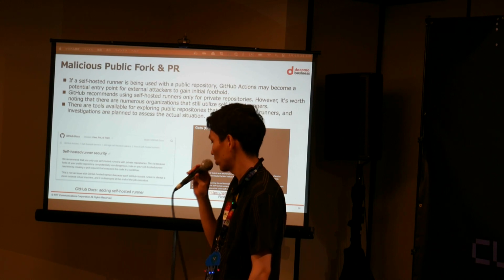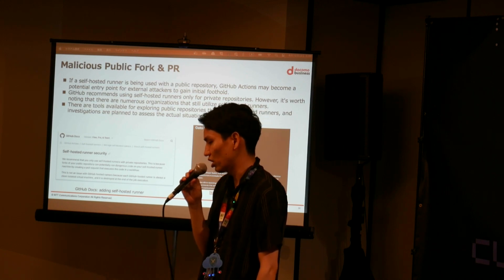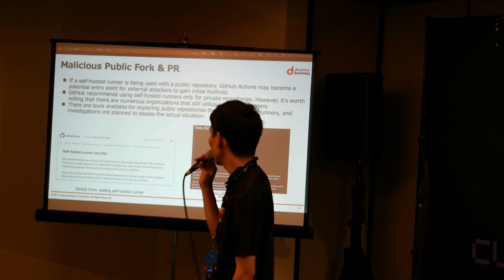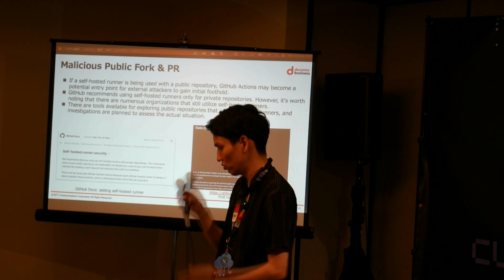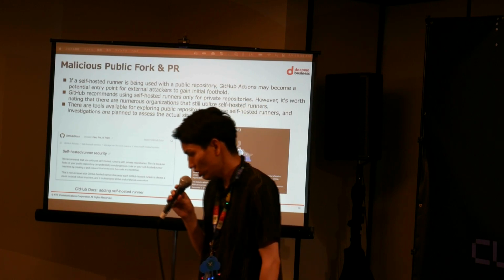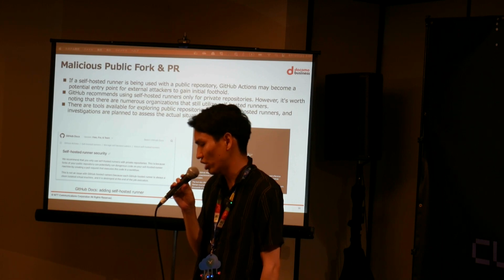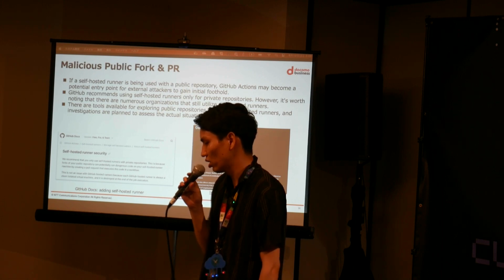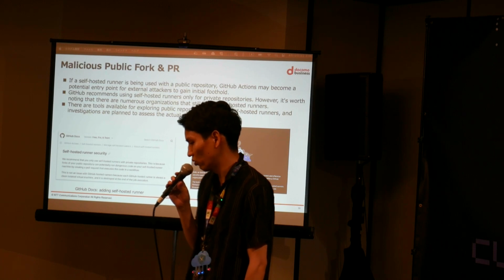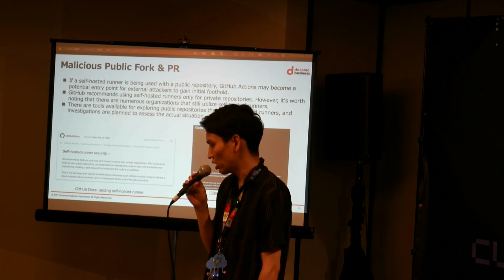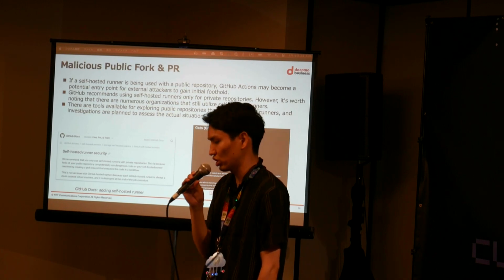Secondly, malicious public fork and pull request. The idea is that if a self-hosted runner is being used with a public repository, GitHub Actions may become a potential entry point for an external attacker to gain an initial foothold. This may allow the attacker to execute their code on the target machine.